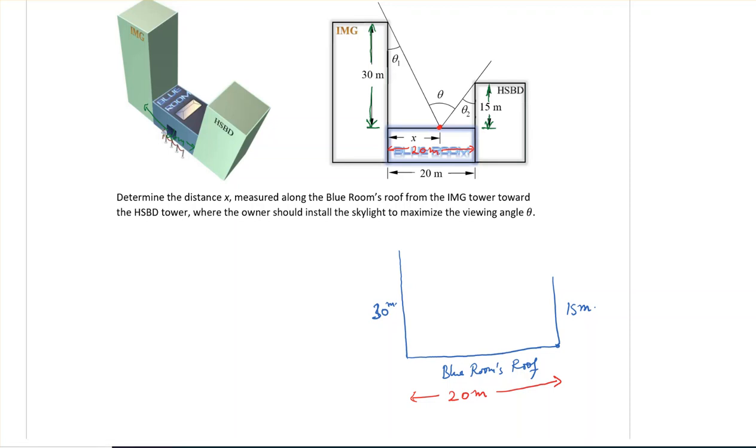So let's say we put the skylight x meters away from our IMG tower. So if we do that, it means the distance that it is away from the other tower would be 20 minus x.